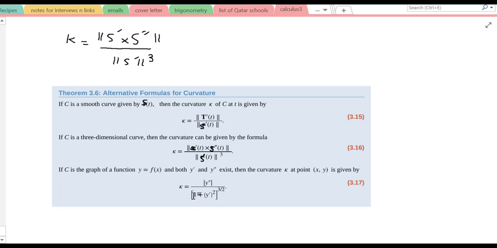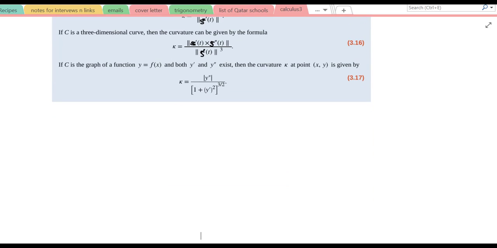And this one is a direct consequence of it, because when we have y equal to f(x), we are able to write r equal to (x, f(x)), or (x, y).